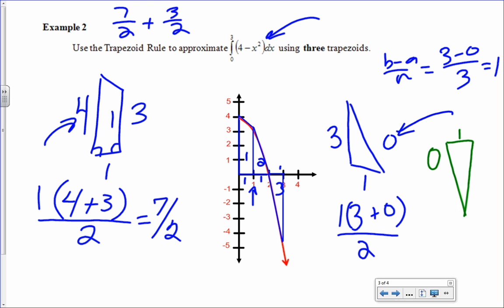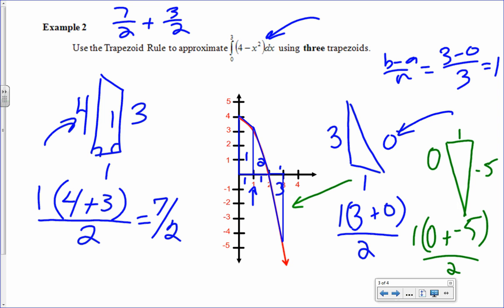Careful. The right side, meaning that right there. Put in 3, we get -5. So it's 0 plus a -5 times 1 divided by 2.